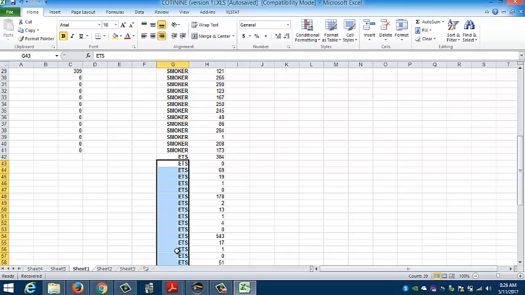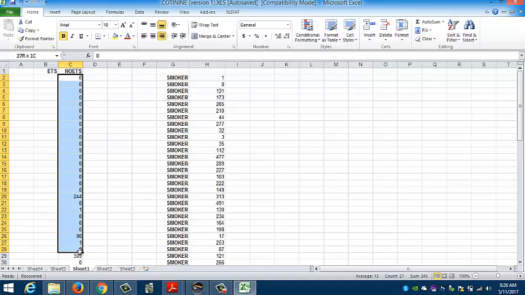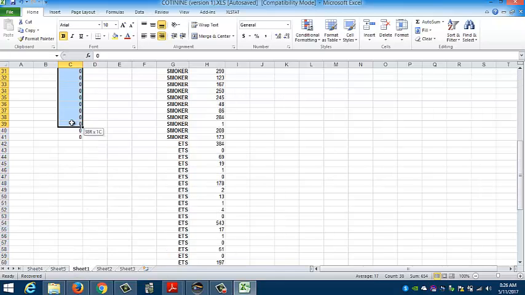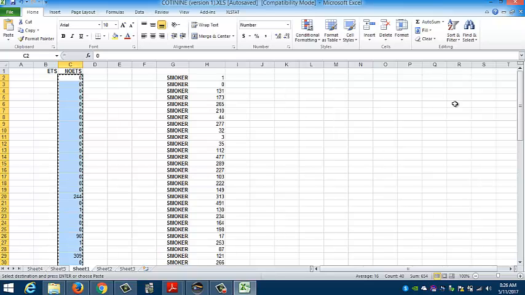Now we want to do the same thing for no exposure to smoke. So let's see. The no exposure to smoke column, here's my data. This time I'm going to choose Cut, because I want to actually move it.